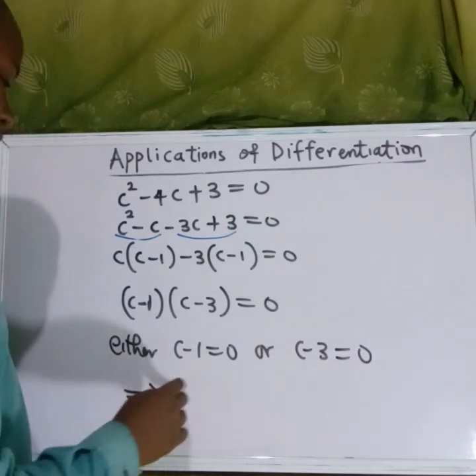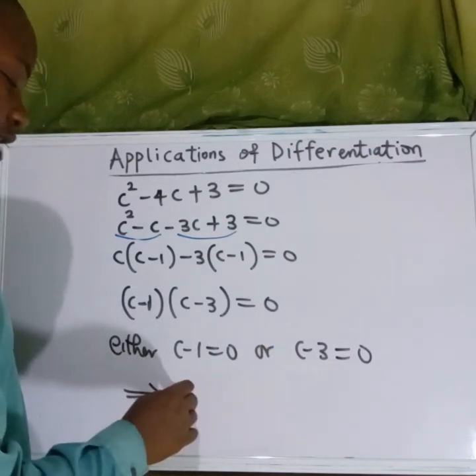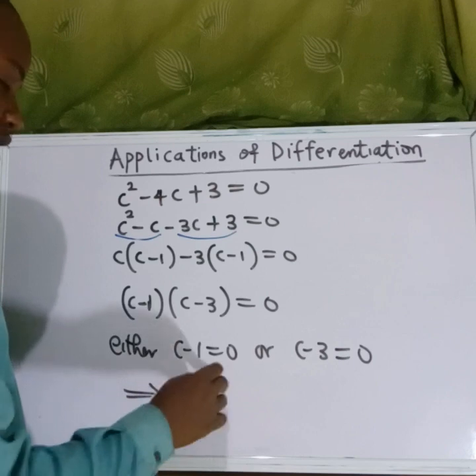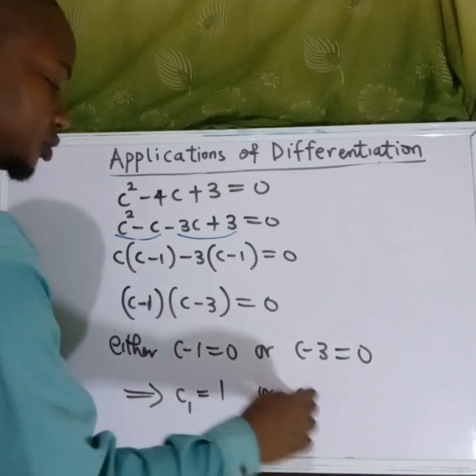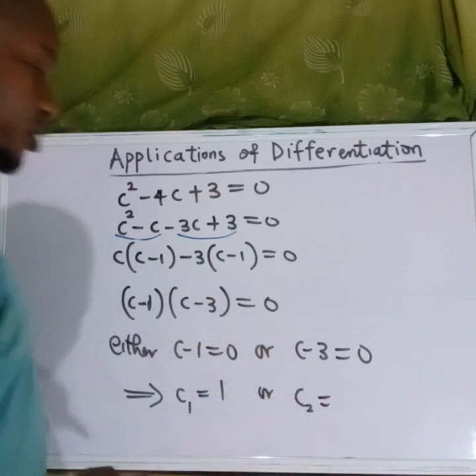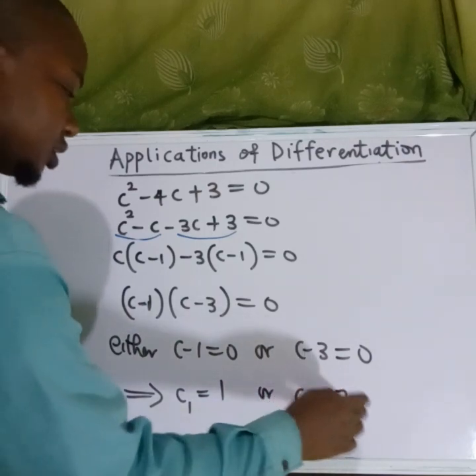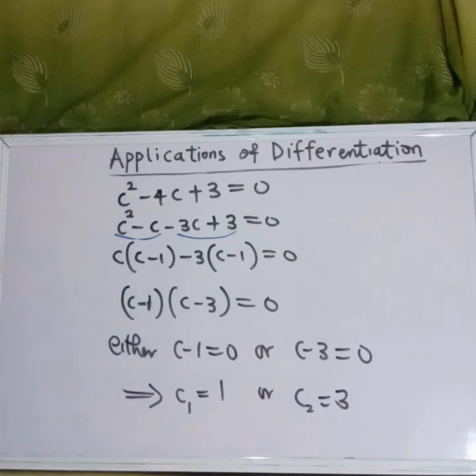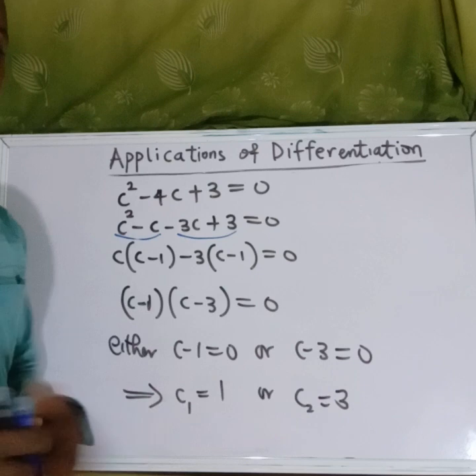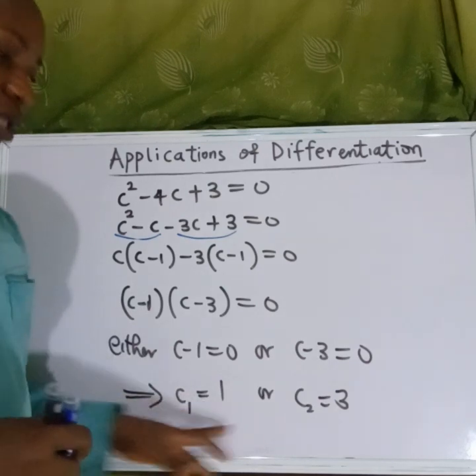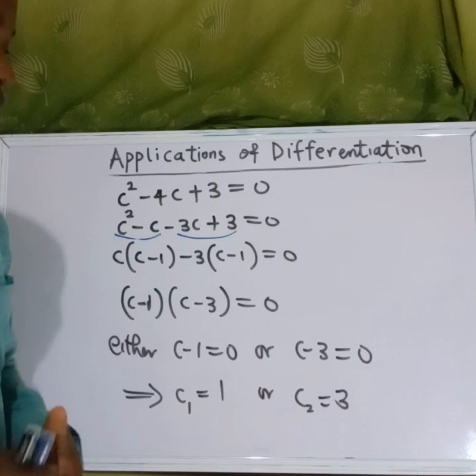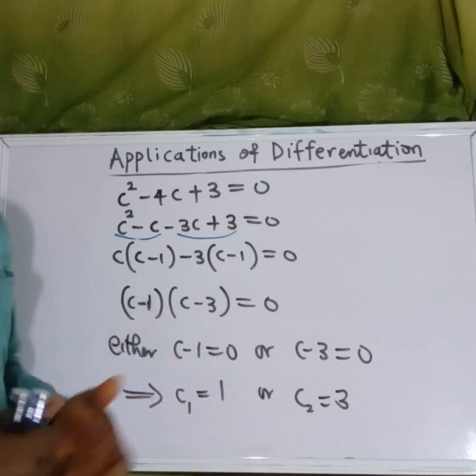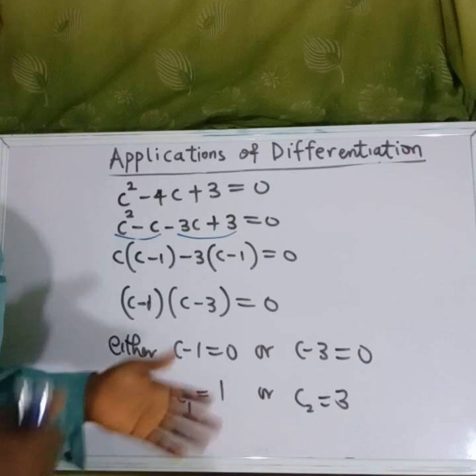This implies, let's refer to this as the first critical point, and it is equal to 1, and the second critical point is 3. Therefore, the critical points of the function are 1 and 3. This is how we find the critical points of a function.